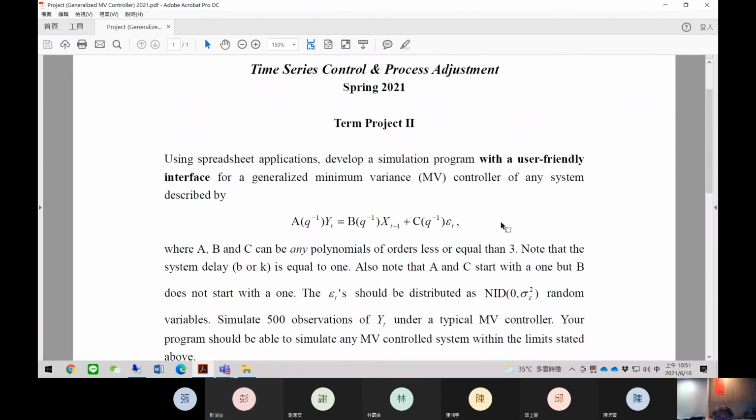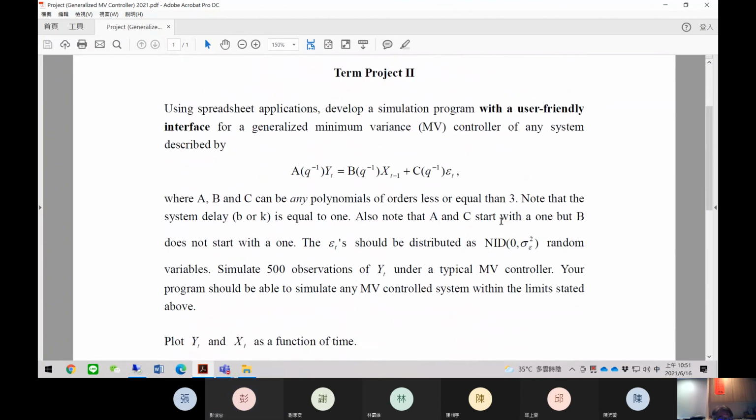Okay, you can assume it is zero mean and univariate. You can make that assumption. This is sigma epsilon here.